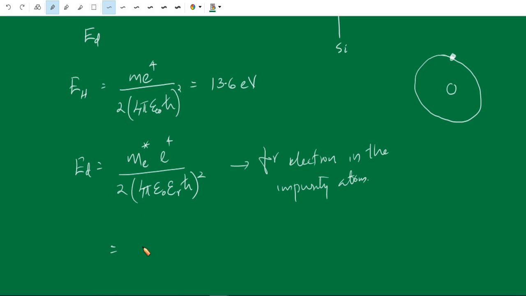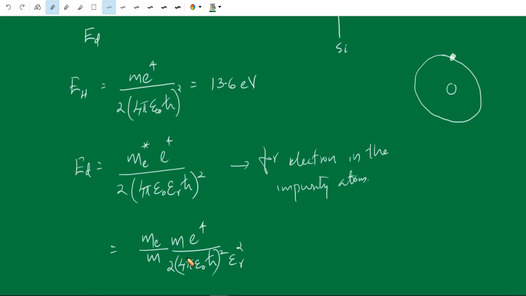Here me star can be written as me star divided by m into m, e raised to 4 divided by 2 times 4 pi epsilon 0 h cross square, and epsilon r can be taken out as epsilon r square.